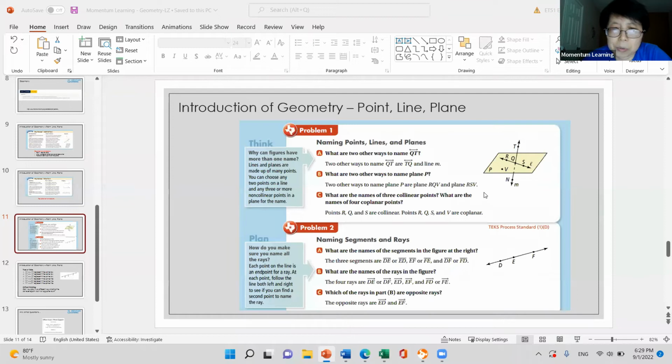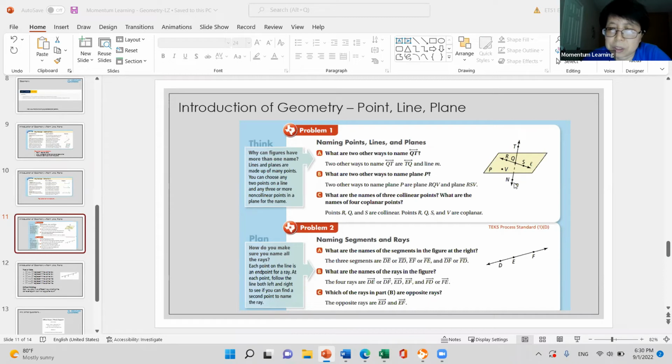Is there a different way to name the line NQ? There's a line NQ, I can see.